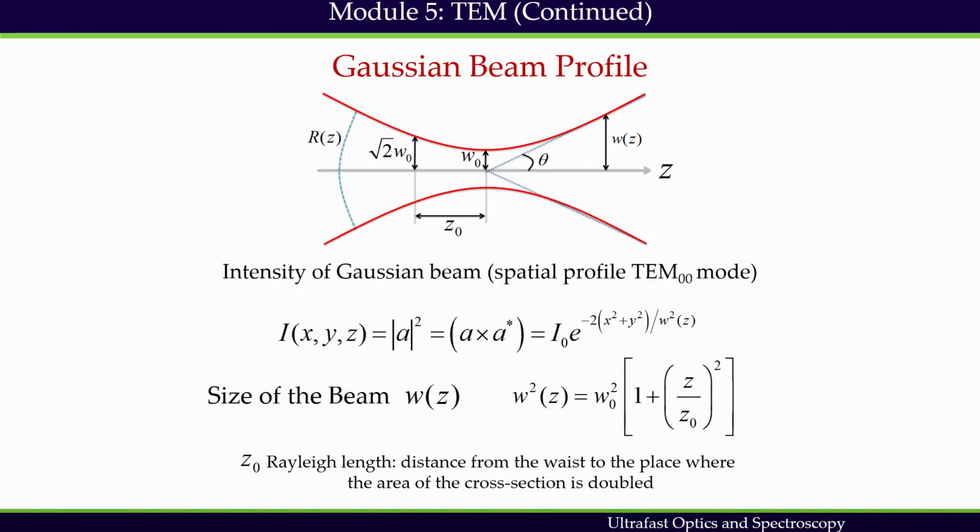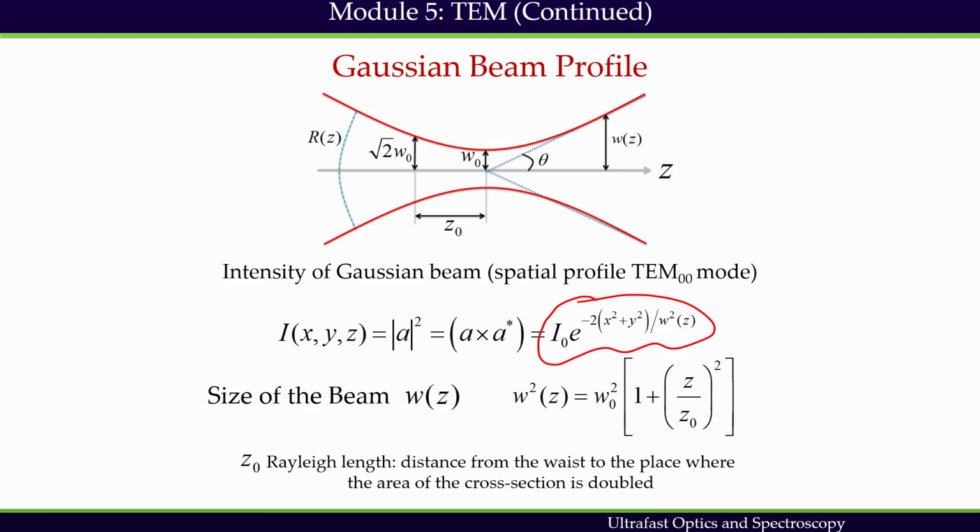We have seen that the intensity of the TEM00 solution of the paraxial wave equation, which features a Gaussian beam, can be written as I is nothing but a spatial Gaussian profile, e to the power minus 2 times x square plus y square divided by w square.